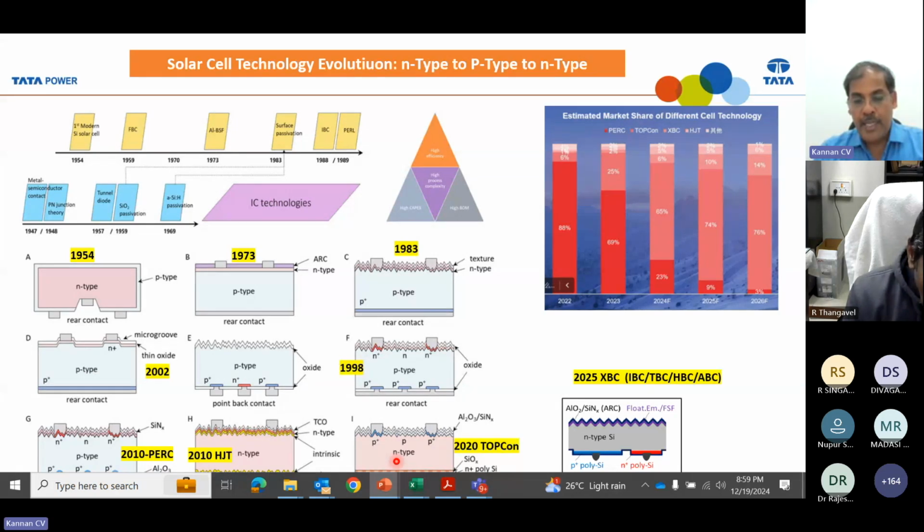So this is a good example: we started solar cell technology with N-type back contact, and in between we moved the wafer from N-type to P-type with many different designs to improve performance. Finally we entered N-type, and the future technology after HJT and TOPCon will once again be back contact.